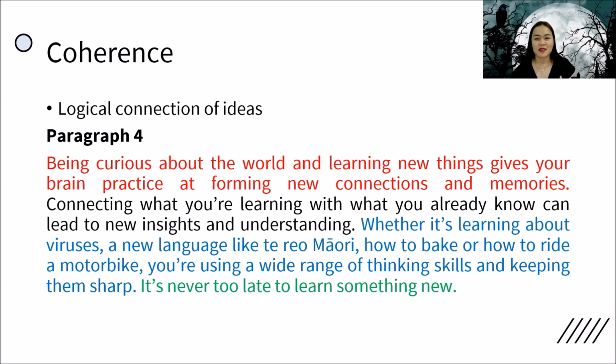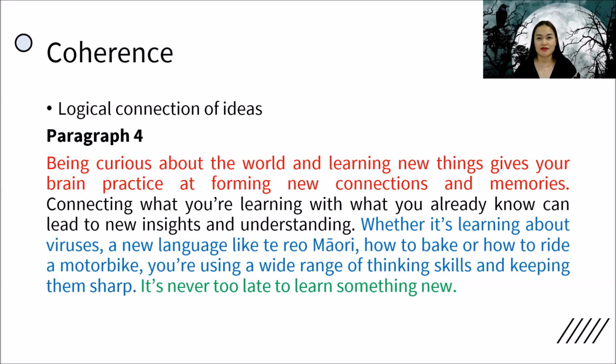For example, here, learning something new, let's say you give revising for exam as an example. That is actually wrong, right? Because the point is to learn something new. Revising for your exam is not something new.